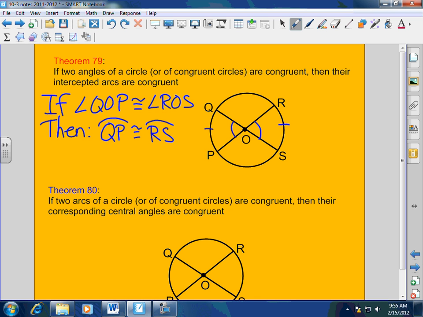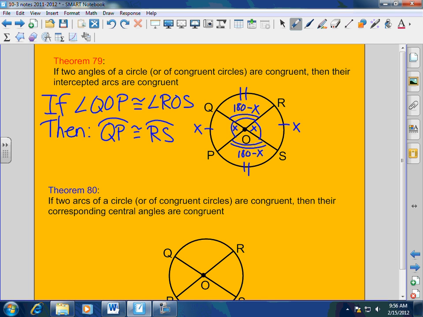And again, if ROS is X and QOP is X, that means arc RS is X and arc QP is X. And then that means that angle QOR is 180 minus X, and that means that POS is 180 minus X. And then that means that arc QR will also be congruent to arc PS. Does that make sense, everybody?